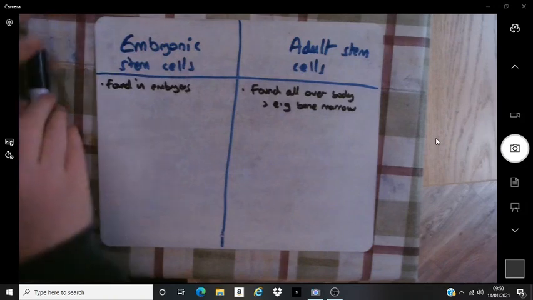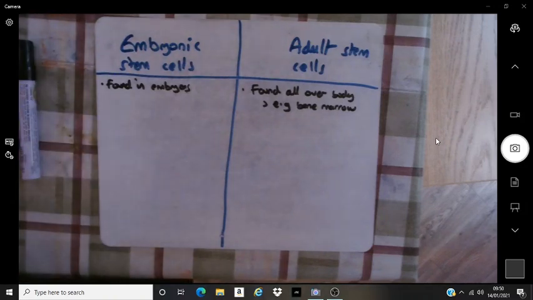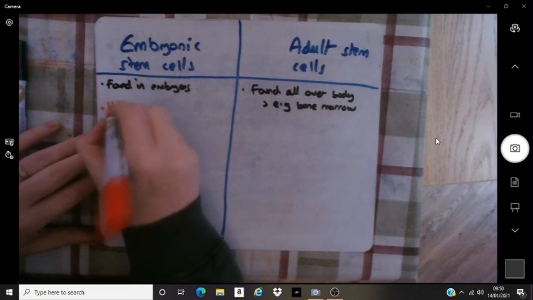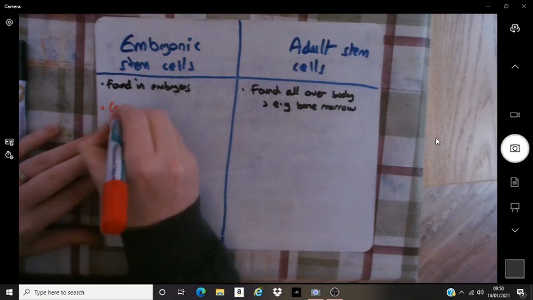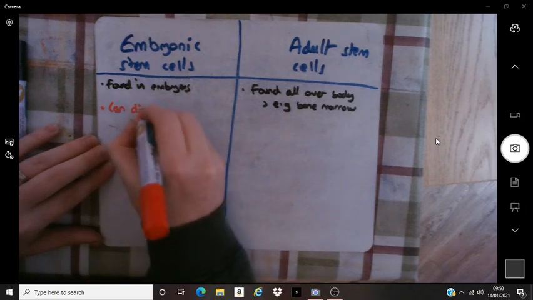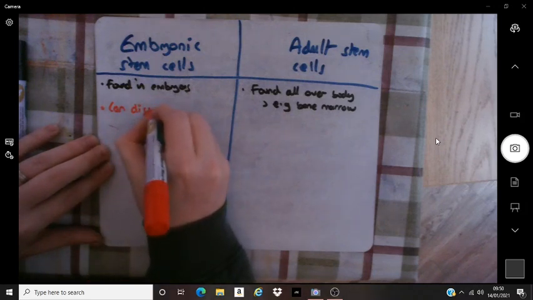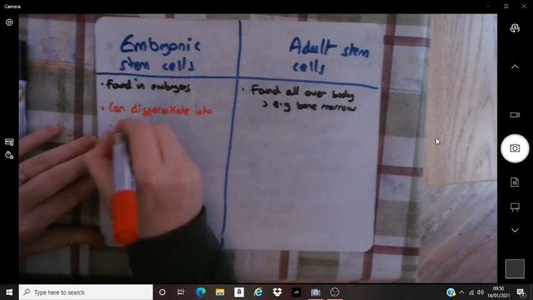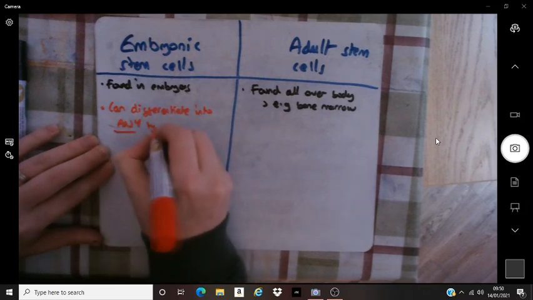So embryonic stem cells, they are fantastic and have fantastic potential because they can become, I'm going to use the word differentiate because that's the correct terminology. They can differentiate into any type of cell.